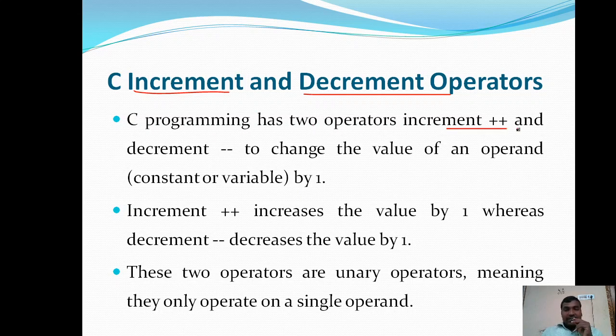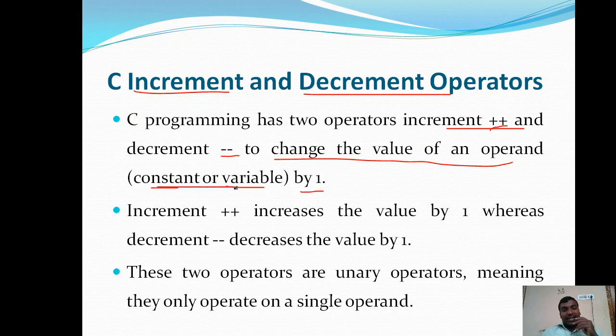The increment operator is represented with plus plus and the decrement operator is represented with minus minus. We use these increment and decrement operators to change the value of an operand by 1. Here the operand may be a constant or a variable.